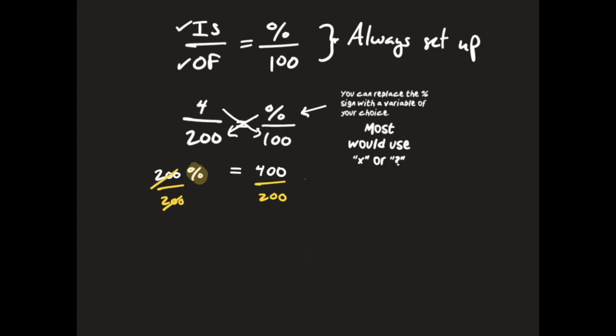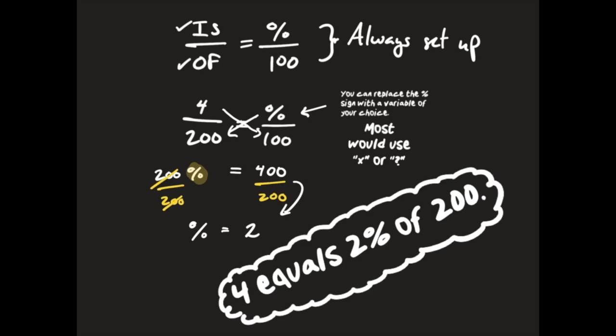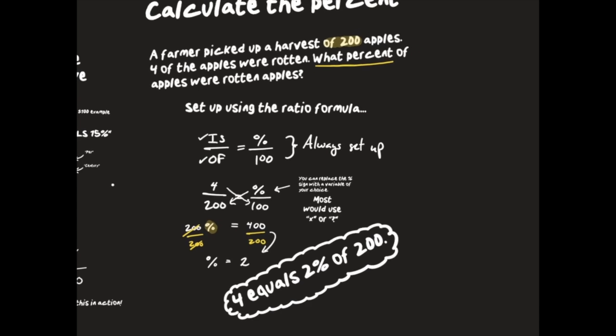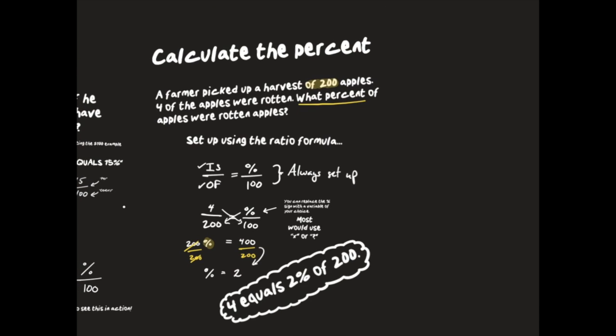And what that leaves me with is the percent. So the percent is equal to 2. So 4 equals 2% of 200, or you can say 4 is 2% of 200. In this example, what we were able to do is calculate the percent.